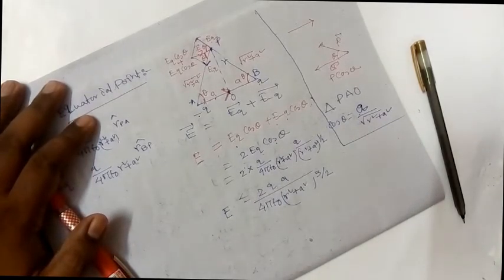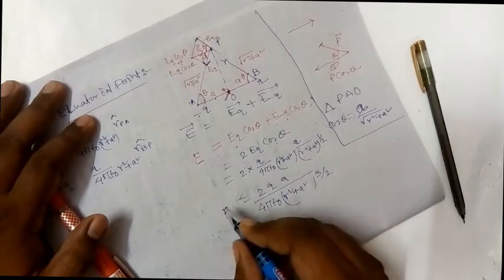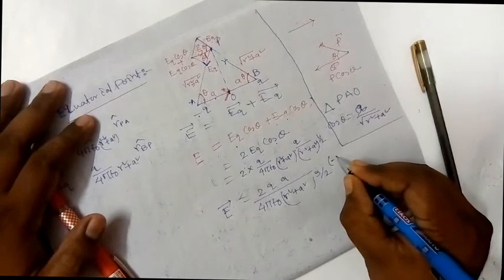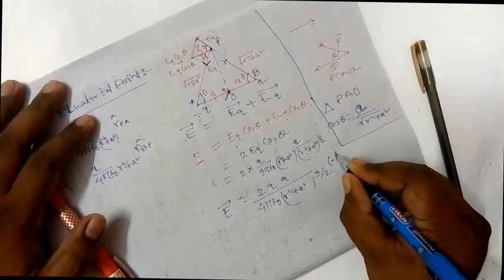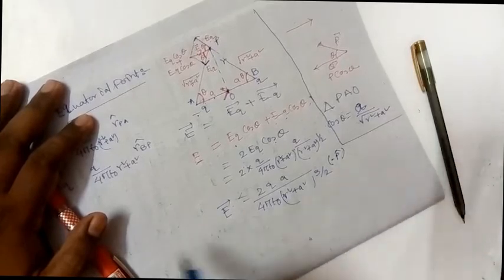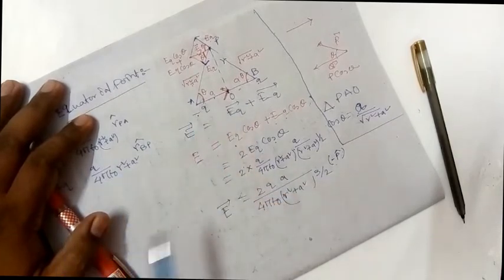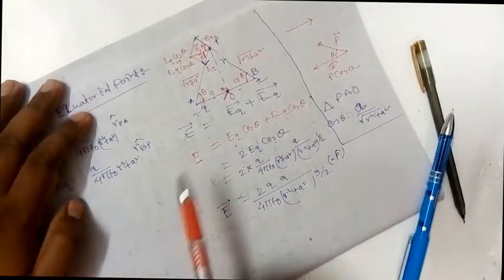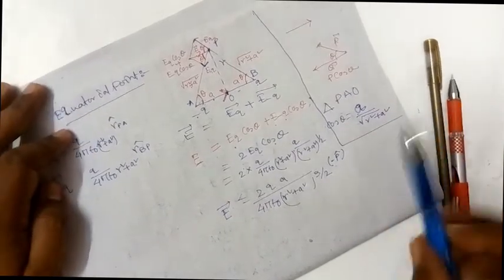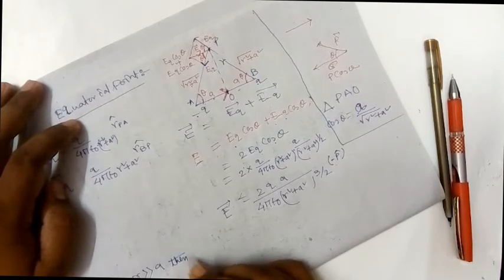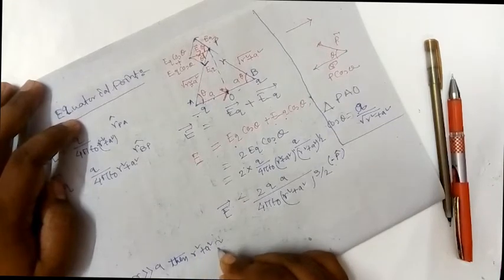And if I want to express it in the form of a vector, we can say E vector equals minus, we take it common, minus P cap. Minus P cap means exactly opposite to the dipole. Now here we have to make one assumption. If R is very much greater than A, then R square plus A square is nearly equal to R square.